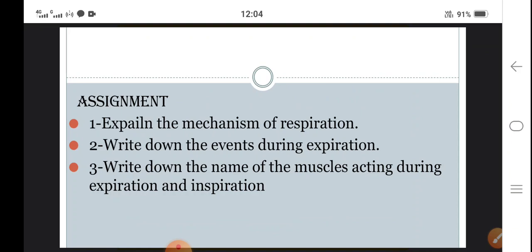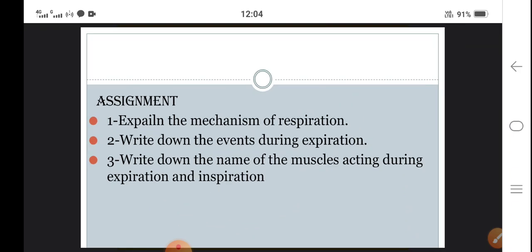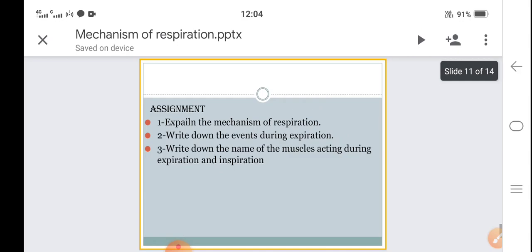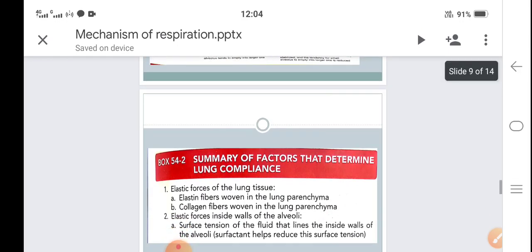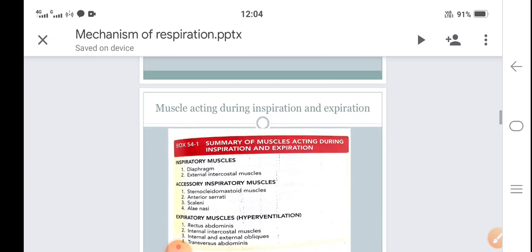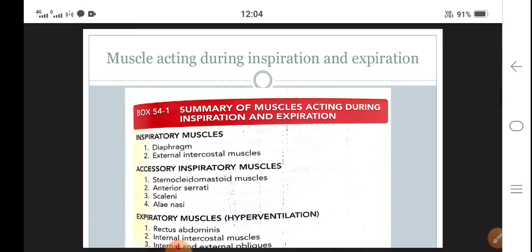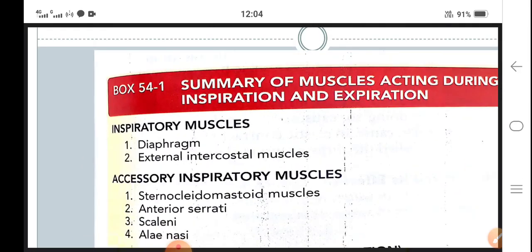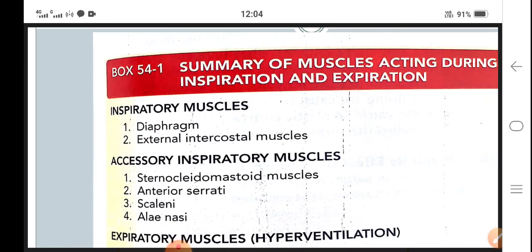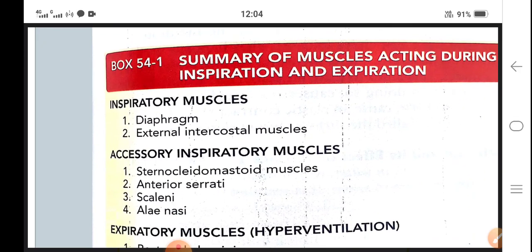And the last question: write down the names of the muscles acting during expiration and inspiration. For the answer to this question, there is one more slide which has already been explained by us, but we can show again the names of the muscles involved in inspiration and expiration. During inspiration, there is contraction of the diaphragm and the external intercostal muscles.